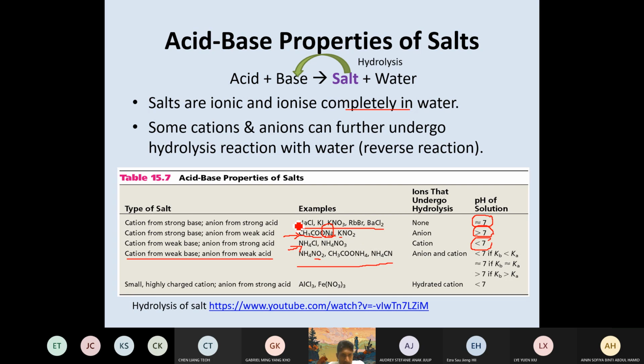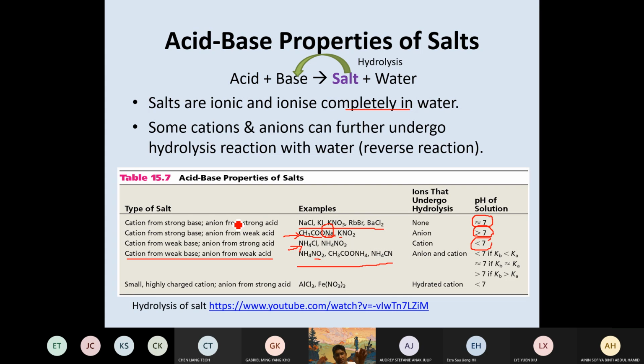Not confusing because we can remember that if it is a weak acid and weak base, then the acid and base that it came from, their Ka and Kb we have to consider. That means the salt's mother and father, their Ka and Kb need to be analyzed.